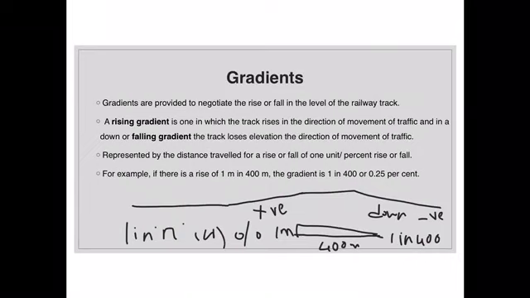Or that can also be expressed in terms of percentage. When you take the percentage, vertical is 1, horizontal is 400, so 1 divided by 400 times 100 is equal to 0.25%. Hence the grades can be represented either in terms of 1 in n or in terms of percentage.